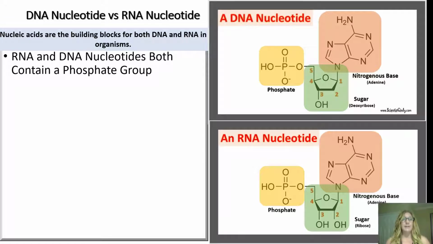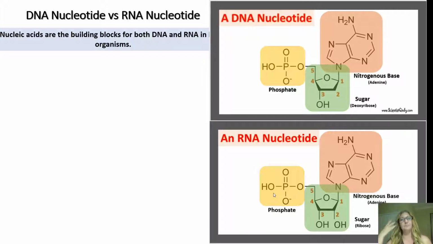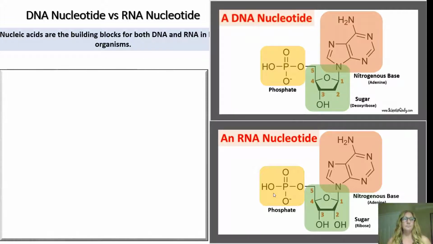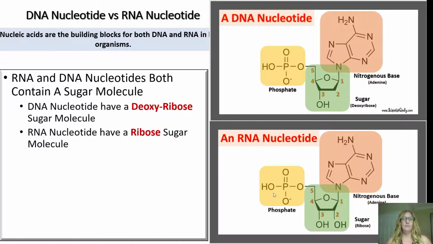So RNA and DNA nucleotides both contain a phosphate group, and we see the phosphate groups here, and those are the same in both of those. Now, RNA and DNA nucleotides both contain a sugar molecule as well.